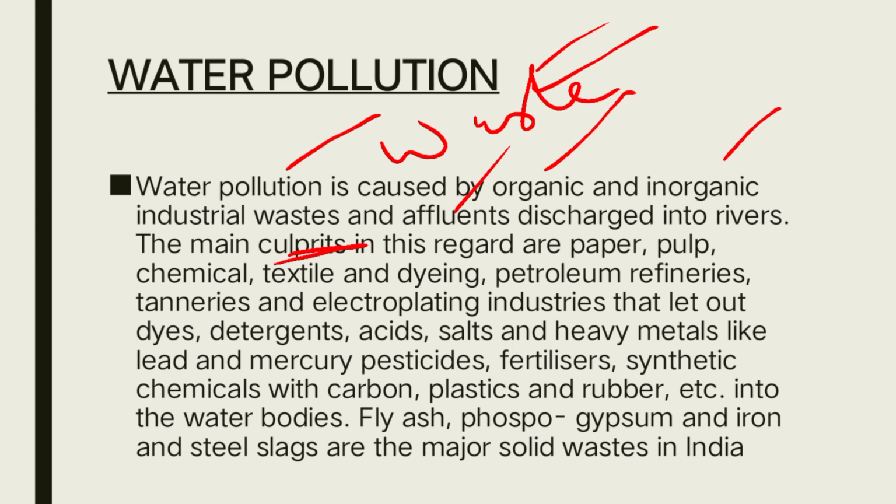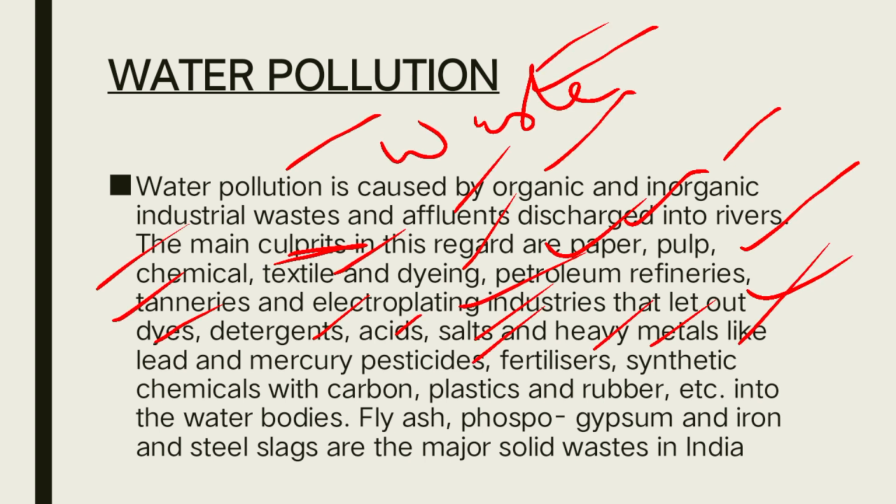That is the reason in this regard the paper industry, the pulp, the chemical industry, textile industry, dyeing or the painting of the fabric, petroleum refineries, tanneries or preservatives, electroplating industry, all of them let out dyes or colors, detergents, acids, salts, heavy materials like lead, mercury, pesticide, fertilizer, synthetic chemicals, carbon, plastic, rubber, all of them into water bodies.